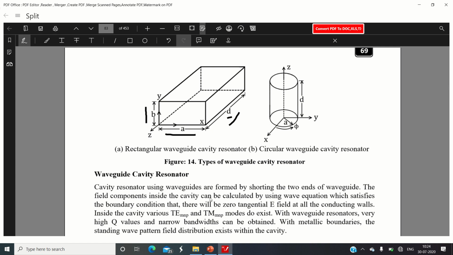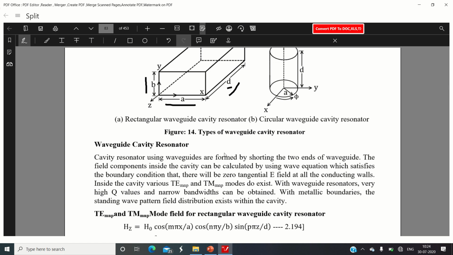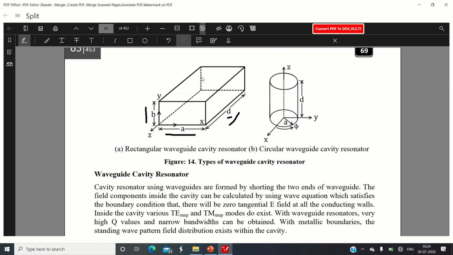The field components inside the cavity can be calculated using the wave equation by satisfying particular boundary conditions. As usual, the modes we calculated in the case of a waveguide are expressed as TE mode and TM mode, and at that time we got two suffixes, M and N. Now the cavity resonator circuit is a special case of the waveguide, where the waveguide is truncated along the z direction.